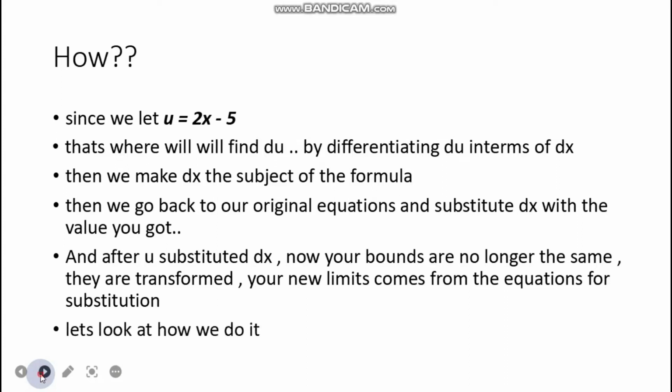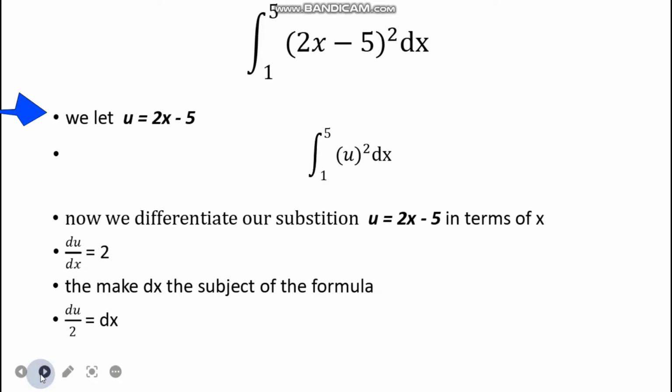Let's look at how we do it. We let u equals 2x minus 5, and we get as follows. Now we differentiate our substitute u equals 2x minus 5 in terms of x. Then make dx the subject of the formula as follows.